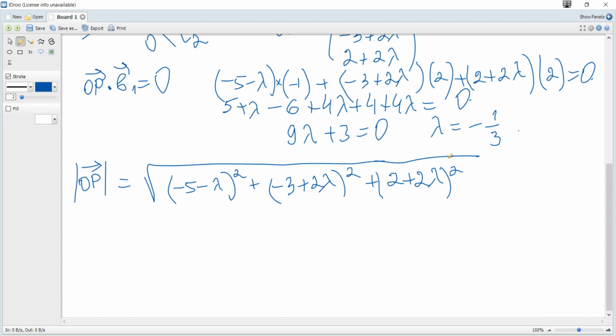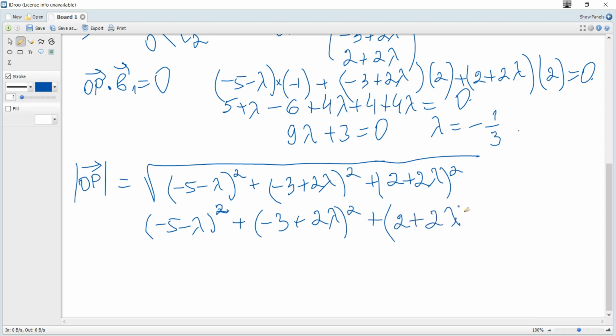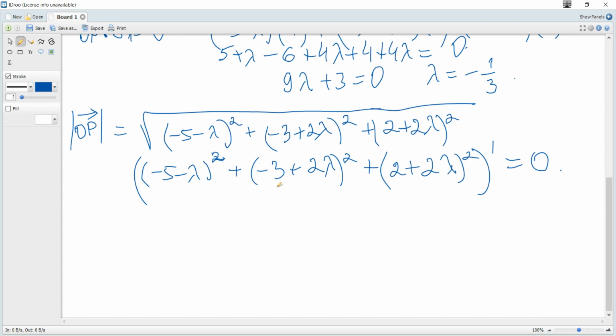So we can consider (-5 minus lambda) squared plus (-3 plus 2 lambda) squared plus (2 plus 2 lambda) squared, whose derivative is 0 because it's a stationary point, it's the minimum.